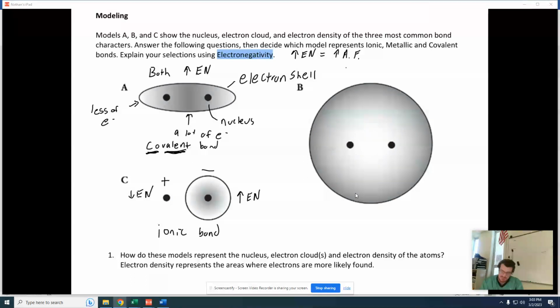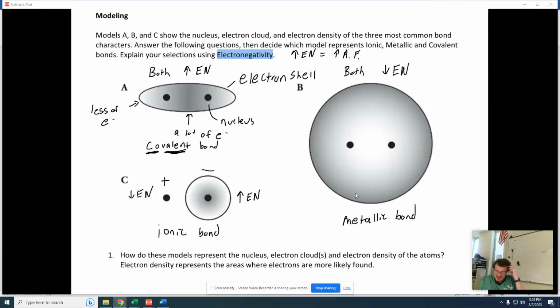So that tells us that both of these atoms have a low electronegativity, which is reminiscent of a metallic bond. If we wanted to explain exactly what's happening here, we could say that because both atoms have a low electronegativity, and because electrons are super tiny and moving super fast, the electrons will spend most of their time on the outside of our electron cloud.